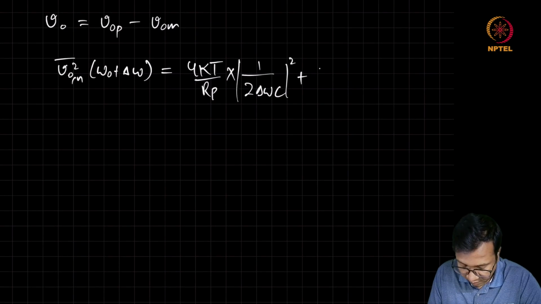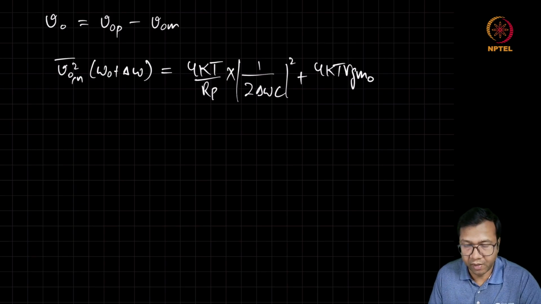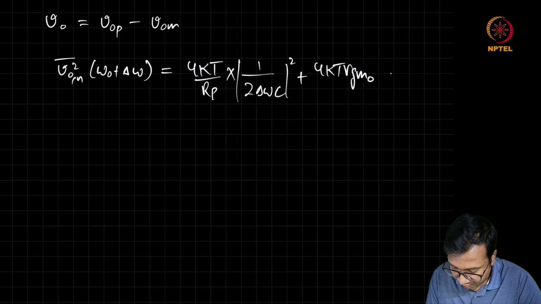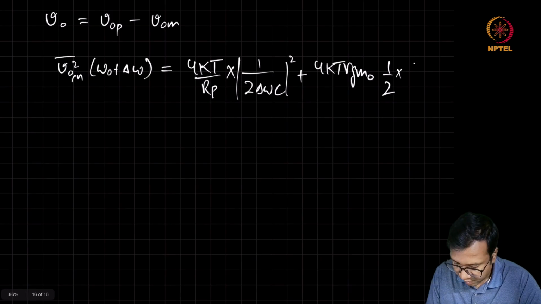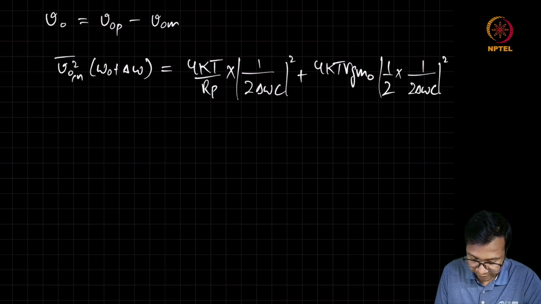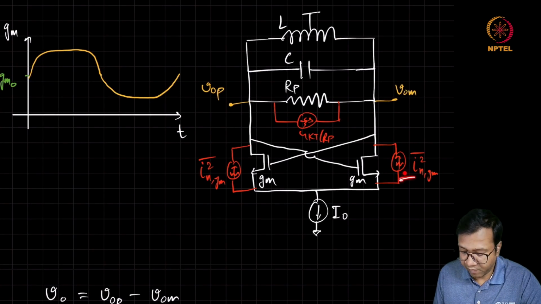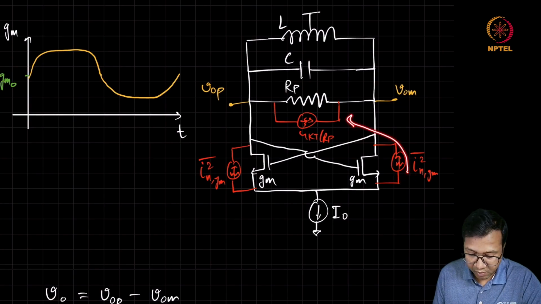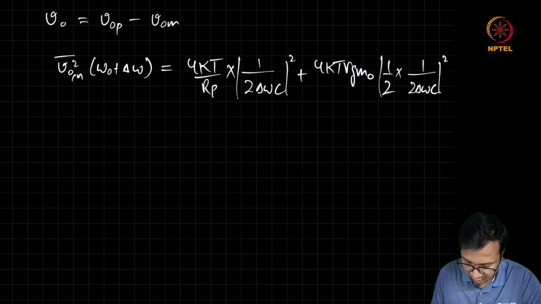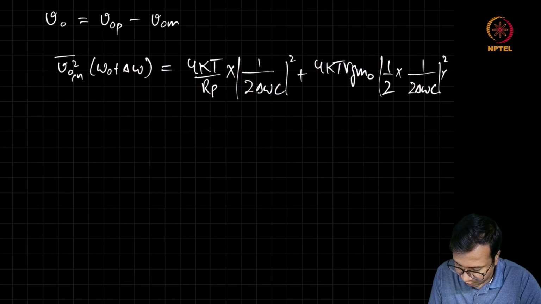So the contribution from the GM is going to be 4 kT gamma GM0, that is the effective GM, multiplied by half, then the tank effective impedance, which is 1 by 2 delta omega C, then overall square. We can see that the same transfer function we can also get from the other GM to the output voltage. We can just add a factor of 2 here.